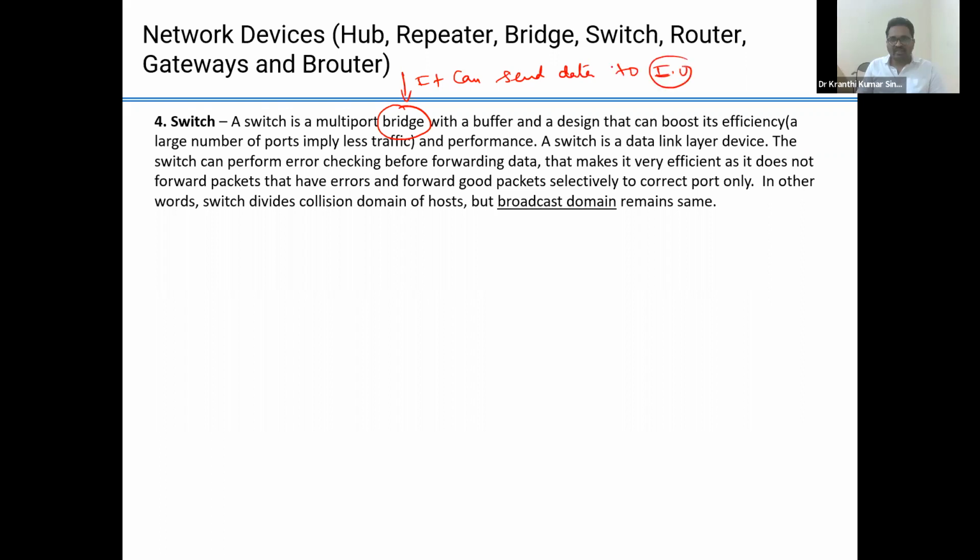Intended means whichever person we want to send a message to, it can send to that particular device only, but not others. But what is the advantage of a switch? For example, I take the same example, device 1, device 2, device 3, device 4, and in the place of the bridge, I replace it with a switch.